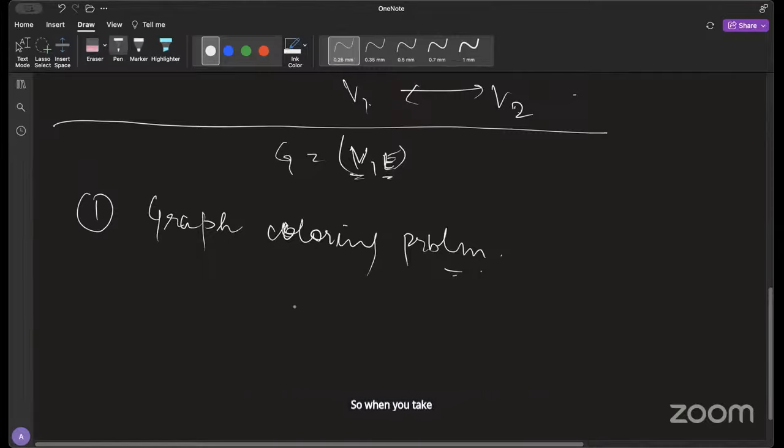If the states share boundaries, they cannot have the same color. You have to color the states in that map, but you can't color two states that share a boundary with the same color. For example, Haryana and Punjab share boundaries, so you shouldn't color these two with the same color.